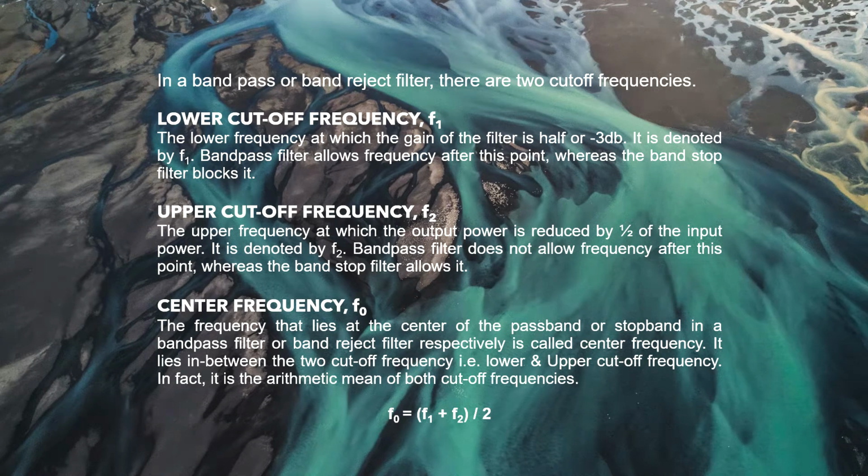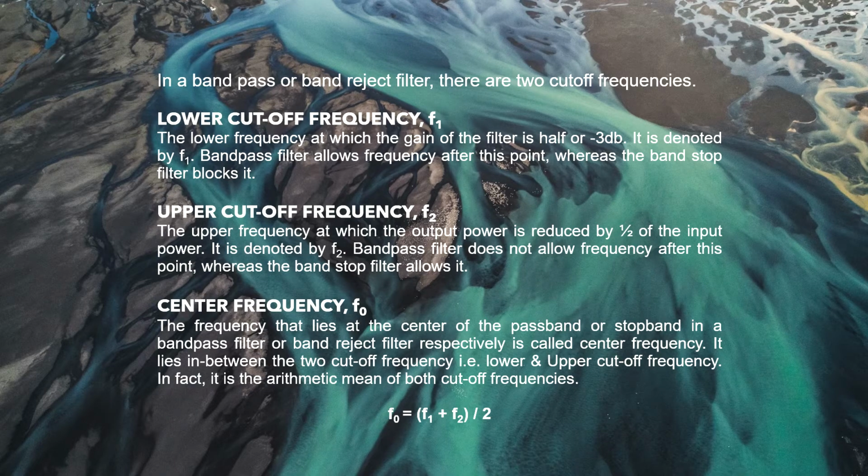Second is upper cut-off frequency, which is F2. The upper frequency at which the output power is reduced to 1/2 of the input power. Bandpass filter does not allow frequency after this point, whereas the bandstop filter allows it.